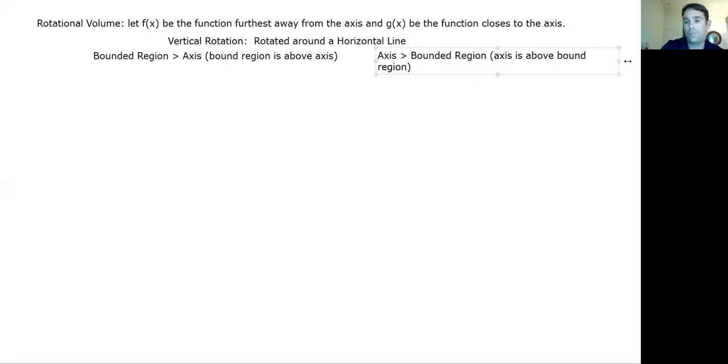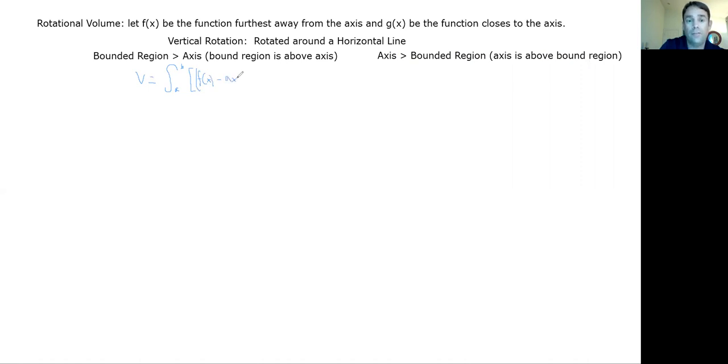So now those formulas look like this. Our volume, if the axis is above, that was from A to B. All right. And we subtracted the axis from every single one of our functions.